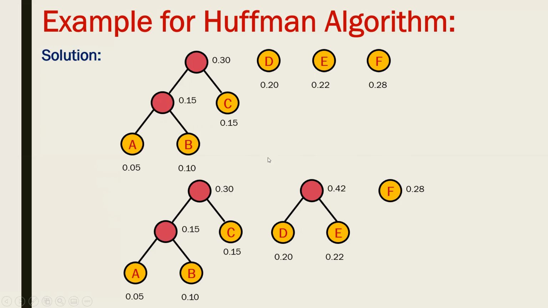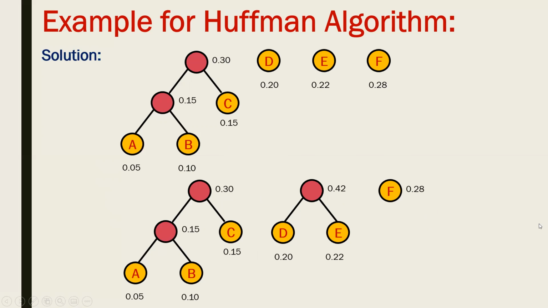Every time the number of trees reduces by 1. Earlier there were 4 trees, now there are only 3. Again we scan from left to right, and we find that the 0.30 tree and tree F with 0.28 probability have the least weights.